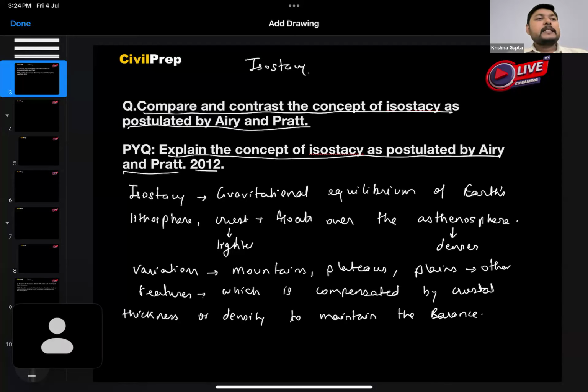So from this part we have the concept of isostasy. Now, there are two models which have been provided.